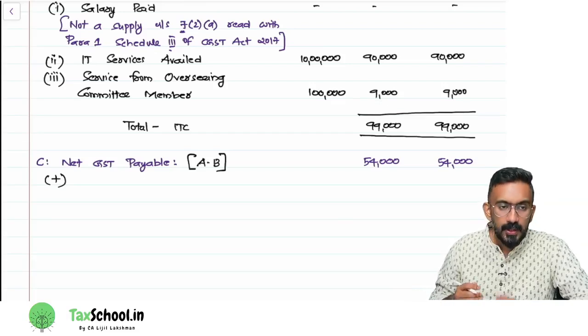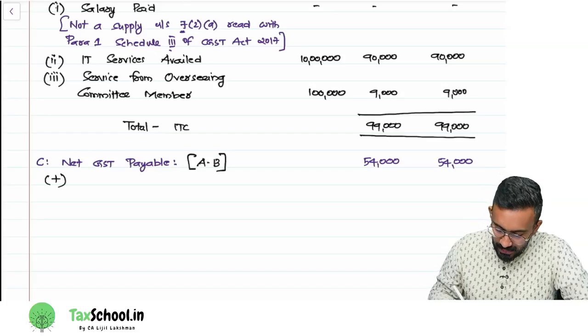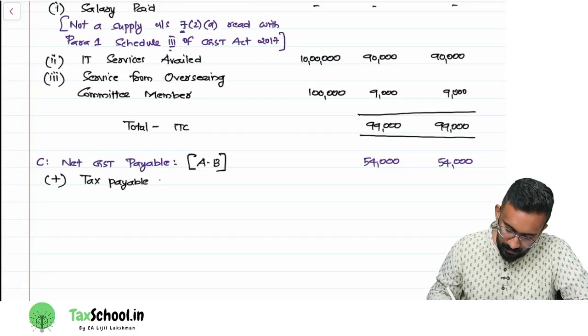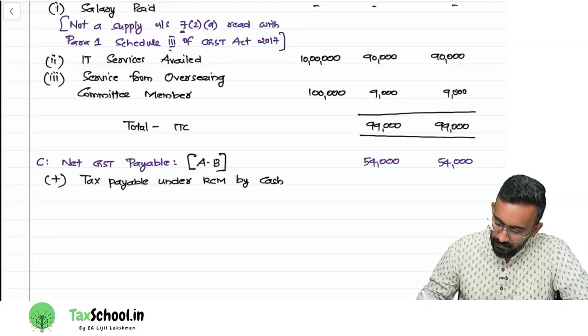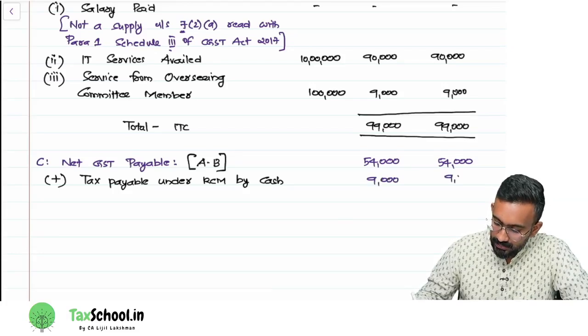We will show, to help you with presentation, that after this you should show tax payable under RCM by cash, which is 9,000, 9,000.